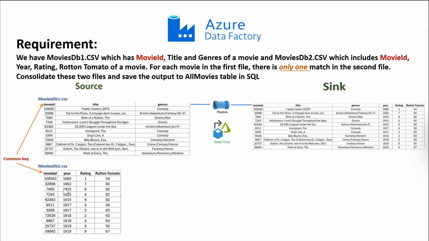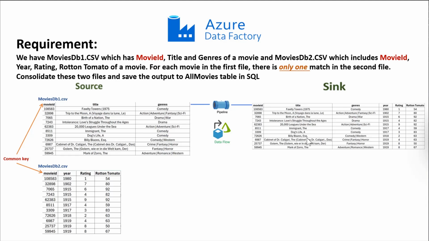And we want to just merge these two files together and create a new table in SQL Server, which is including all data that we've got for our movies. So this is a common use case in different projects that you've got data in different sources and there is a common key between those data and you want to just join them and add them in one table in the sink.